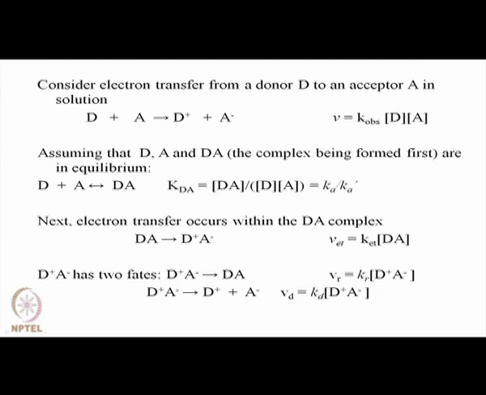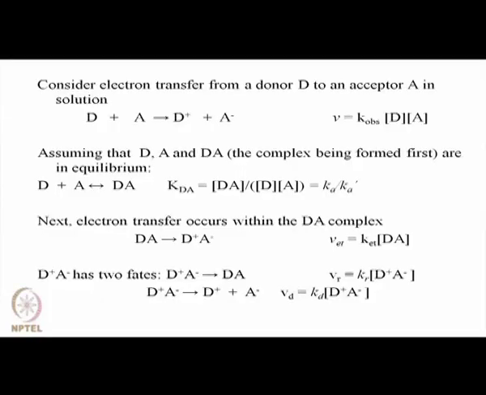So, what has happened is we started with a donor and an acceptor, and the result is D plus and A minus separated. The overall rate is V observed, K observed times dA. So, it occurs via formation of a dA complex.